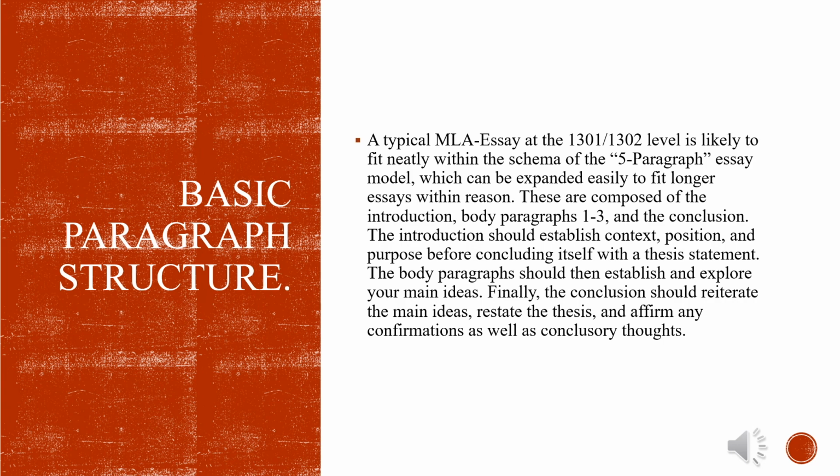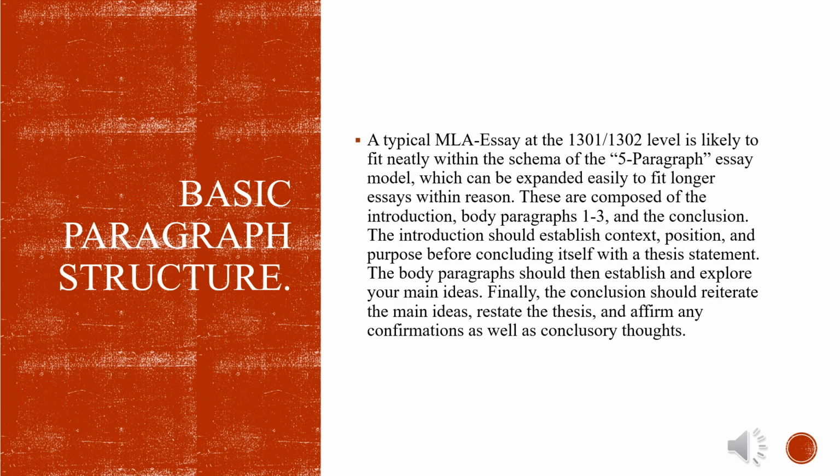A typical MLA essay at the 1301 and 1302 level is likely to fit neatly within the schema of the 5-paragraph essay model, which can be expanded easily to fit longer essays within reason. These are composed of the introduction, body paragraphs 1 through 3, and the conclusion.